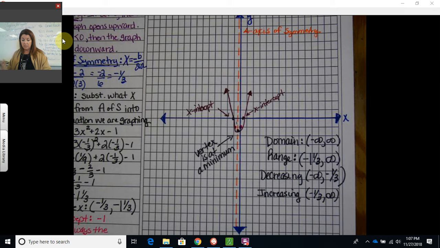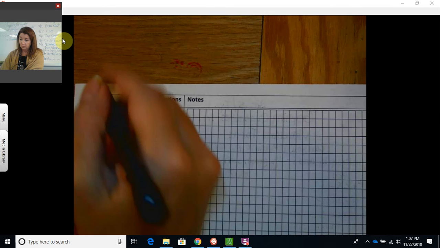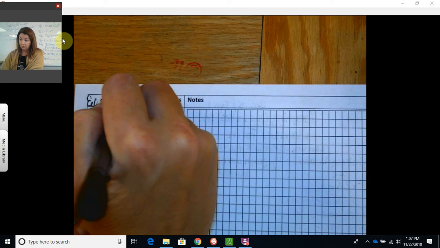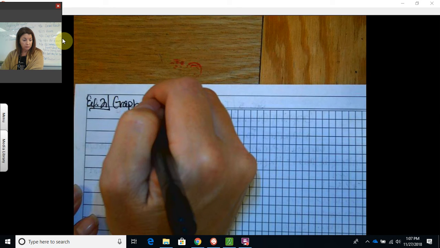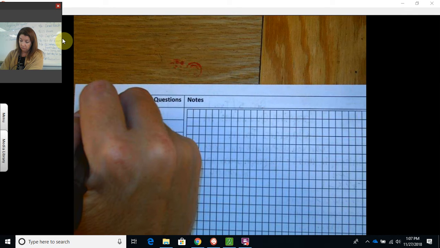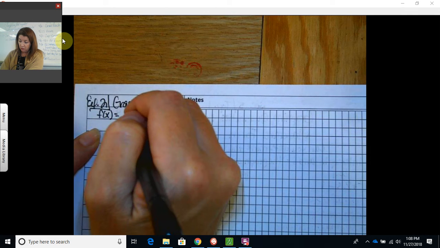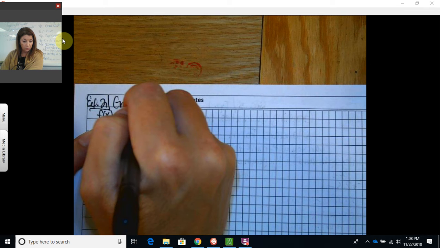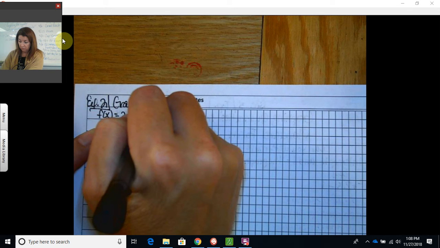Okay, backside. Example 2. We are going to graph f of x equals 2x squared minus 4x minus 1.